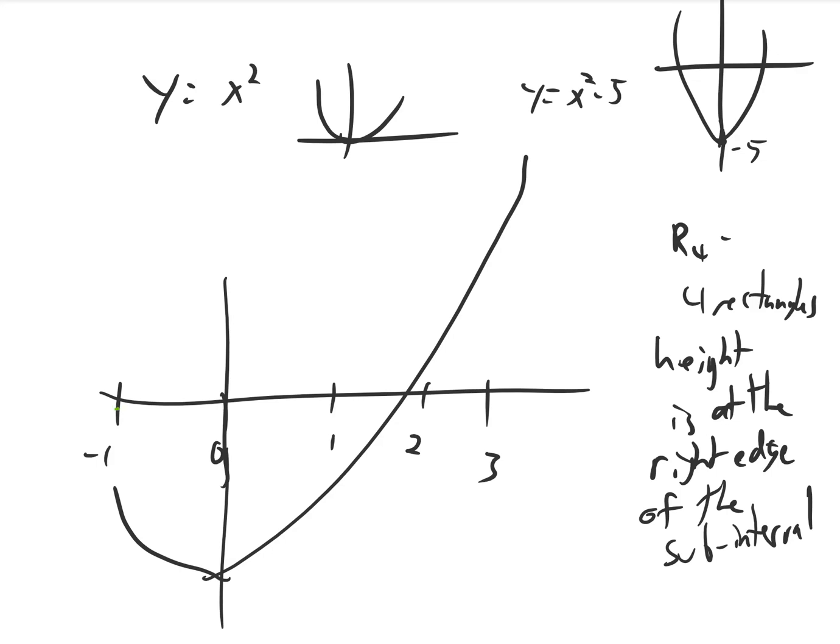So we'll draw our first rectangle here. And at the right edge of the subinterval, the height given by the function is at -5.